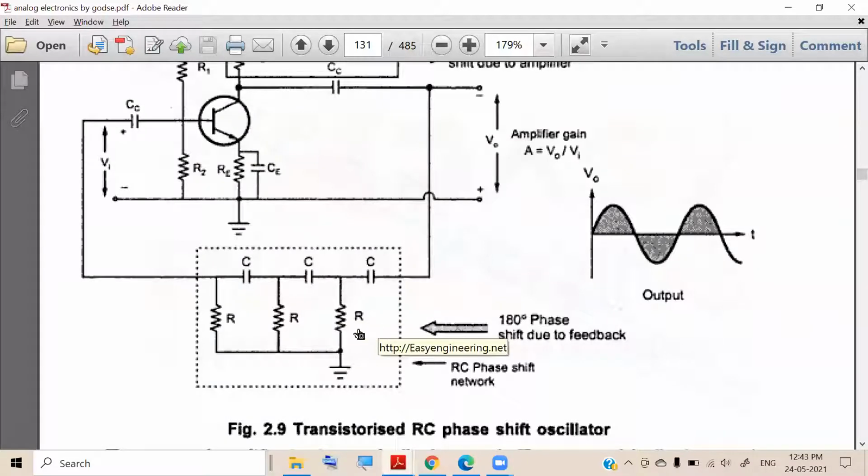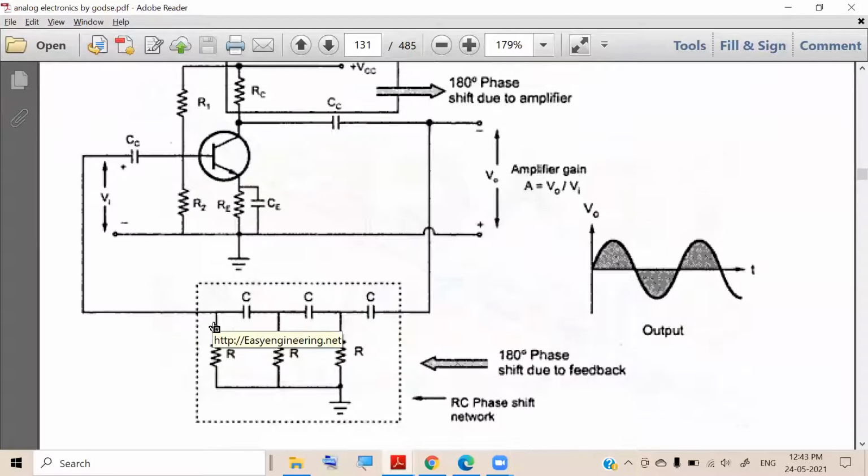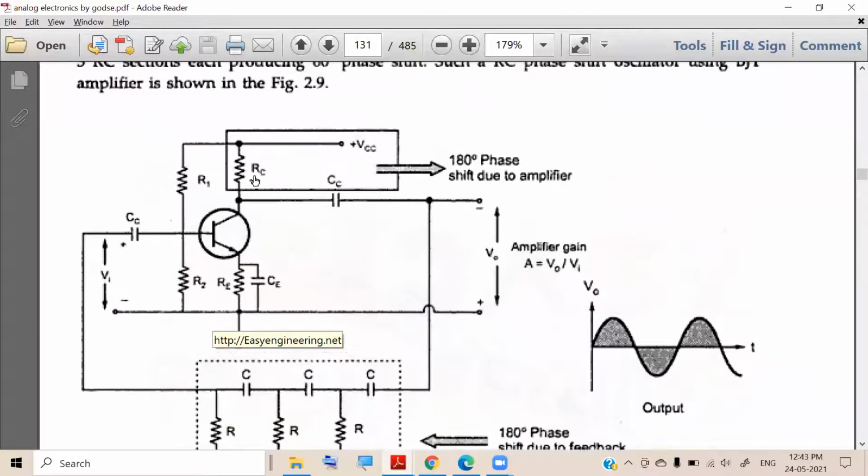Now, very important: total phase shift in the closed loop should be how much for oscillations? Please answer.